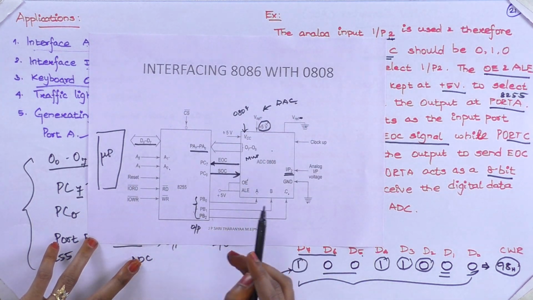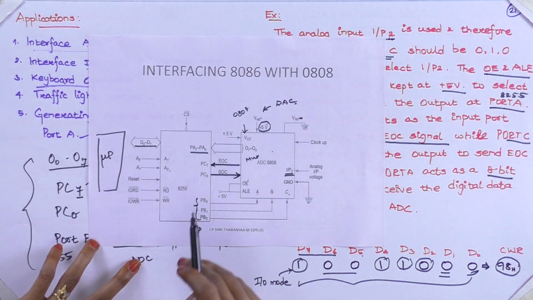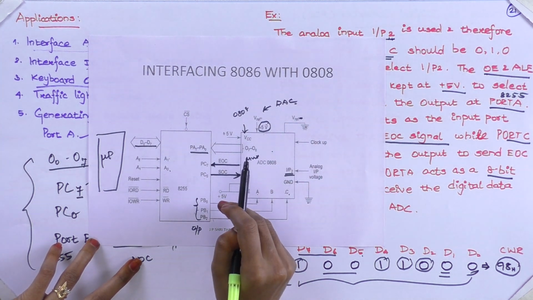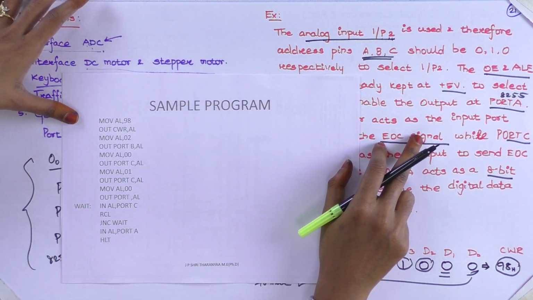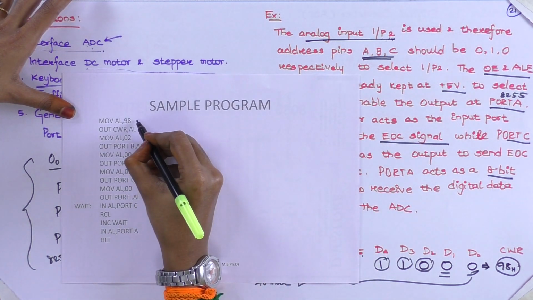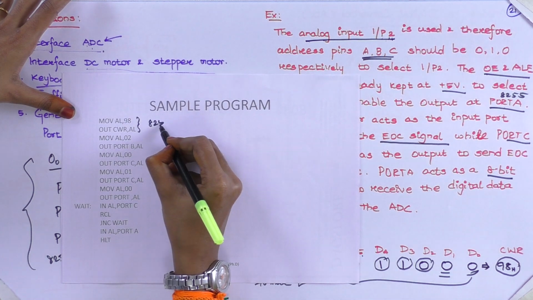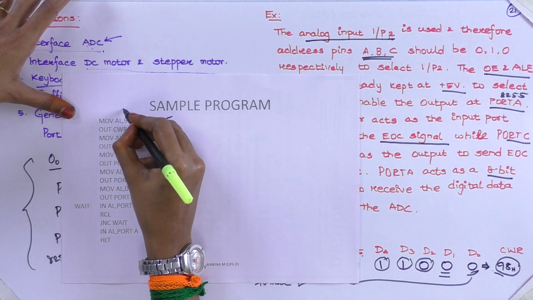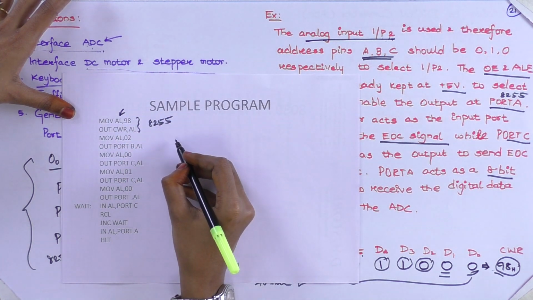So now we will see a simple program to operate this analog to digital converter using the 8086 processor. This program is for this example. The first thing you are supposed to do is configure the 8255. So that's why you give the value 98 to the AL register. As I have already told you, these are input and output devices. So you are performing IO interfacing, so you are supposed to use only the IN and OUT instructions.